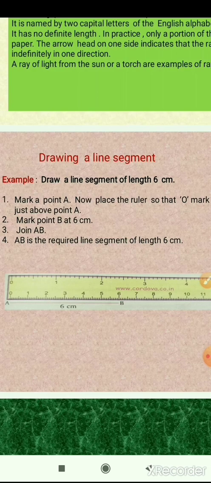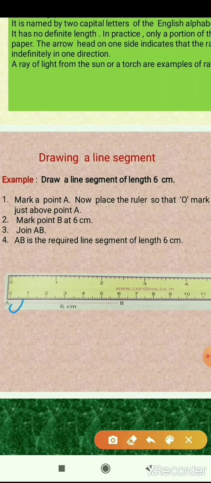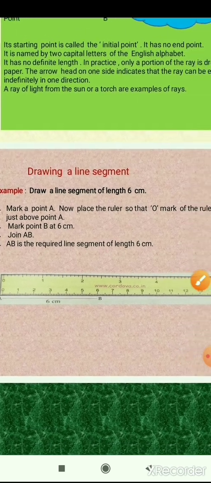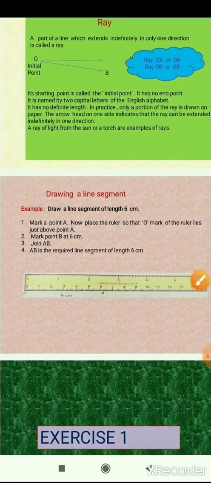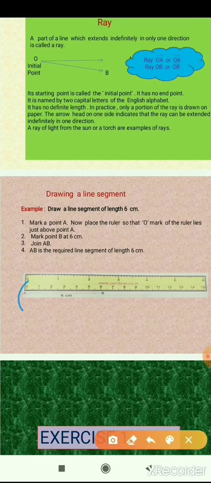Ruler means scale, which we find in our compass box. Then mark a point A. Now place the ruler so that the 0 mark of the ruler lies just above the point A.